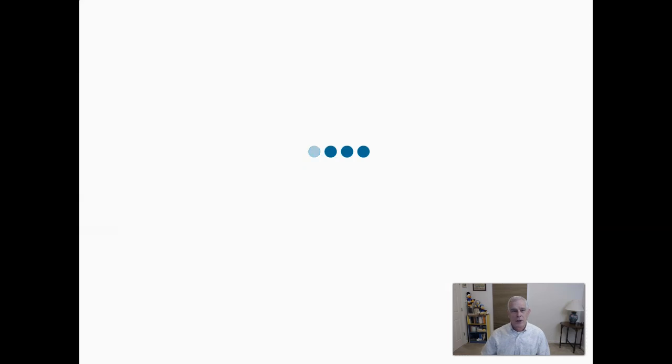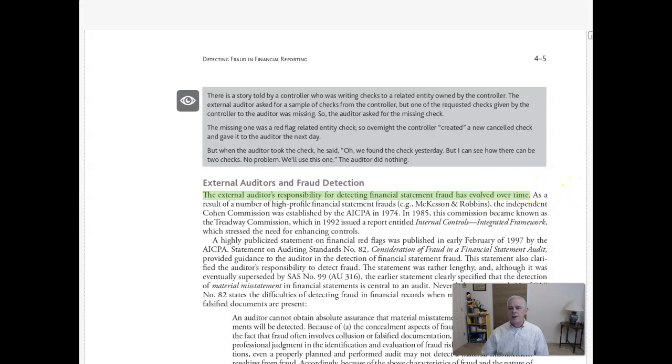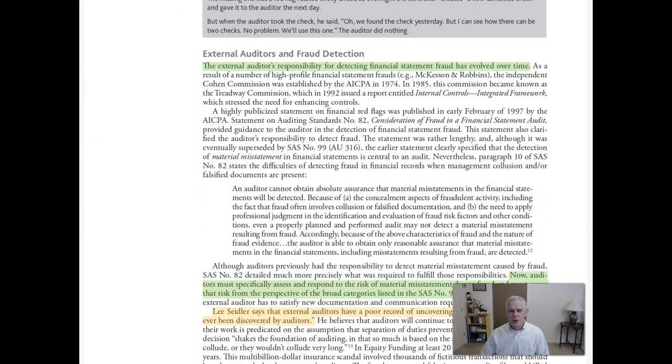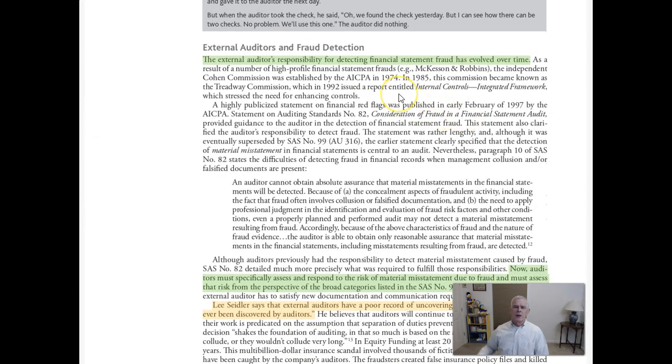Let's skip a couple of pages here. I have this one highlighted because over the years, financial statement auditors, like CPAs going in to perform an annual audit on a company, maybe for SEC reporting purposes, always tried to take the position: we're not there to look for fraud.